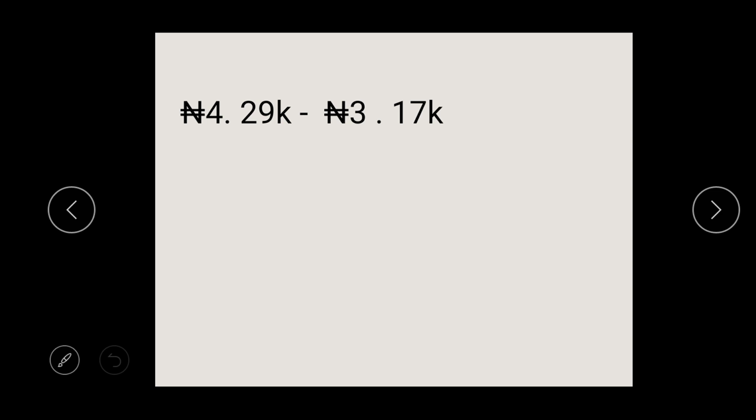So the first thing you have to look at is the question says 4 Naira 29 Kobo minus 3 Naira 17 Kobo. That means we are going to do what? Arrange it first. Put your Naira sign here, then put your Kobo sign here. So 4 Naira, that's what it says, 4 Naira. Put your dot to separate your Naira from your Kobo.